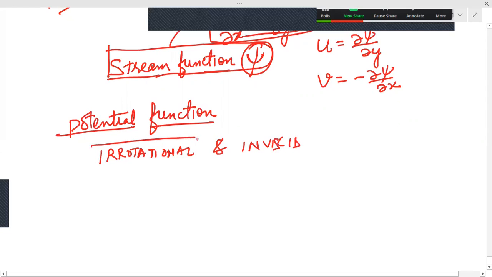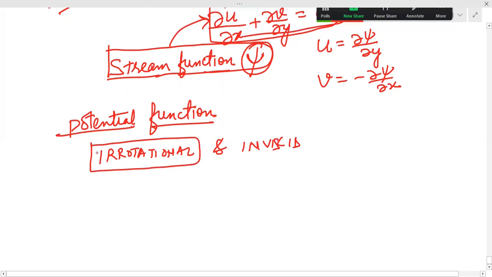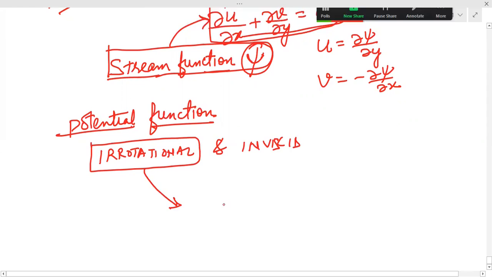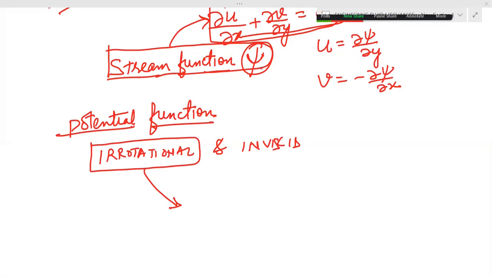So for the irrotational condition, what is the mathematical condition for flow to be irrotational? What should be equal to 0 mathematically?